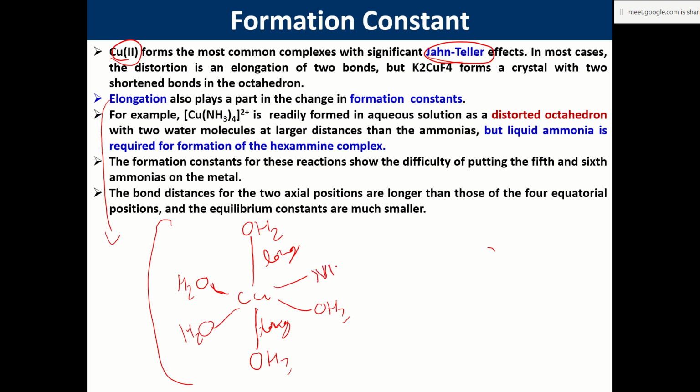When we add ammonia, gradually these water molecules are replaced, and as soon as 4 of them are added, if you are doing the experiment in an aqueous solution, you will find that the fifth and sixth ammonia are not added.